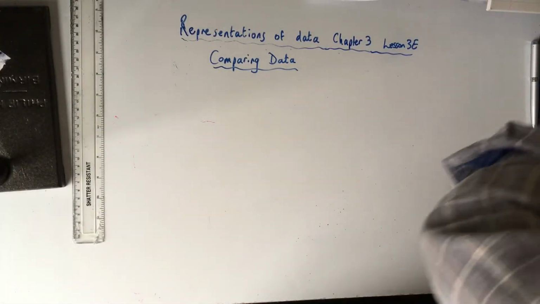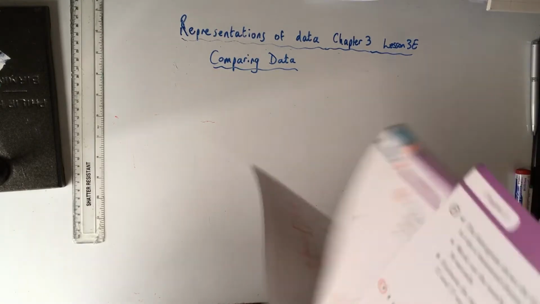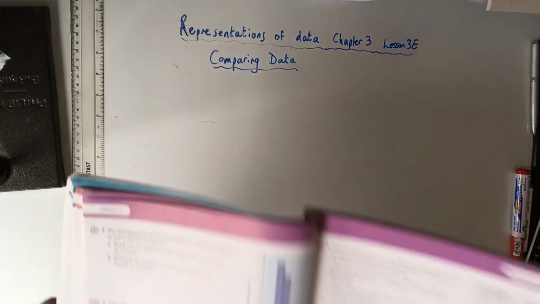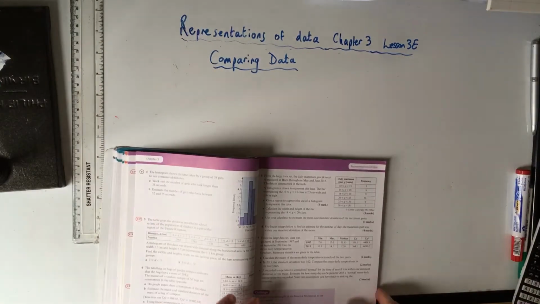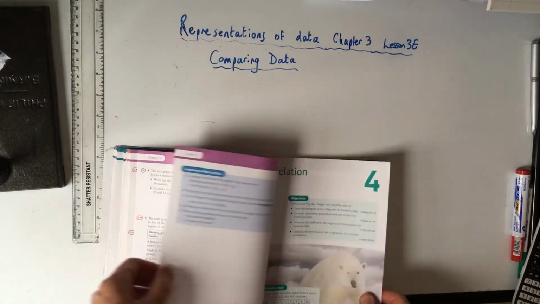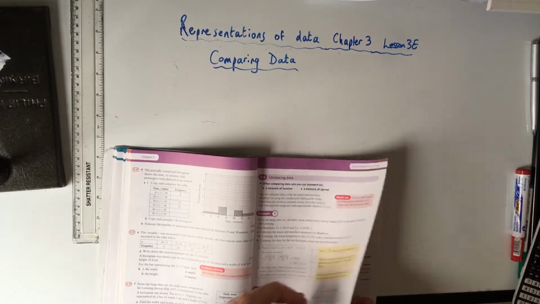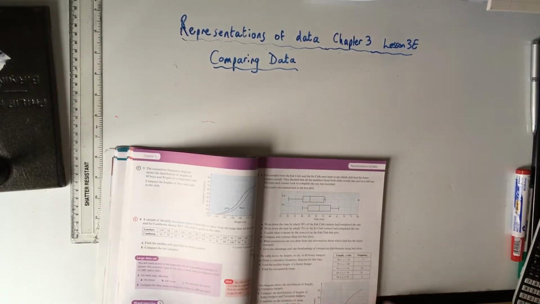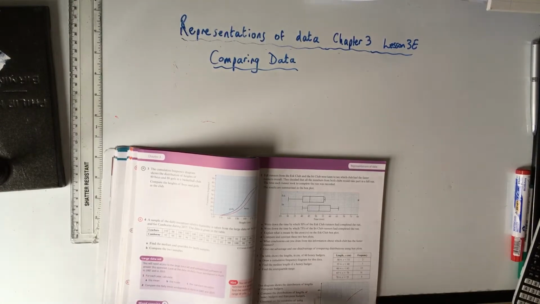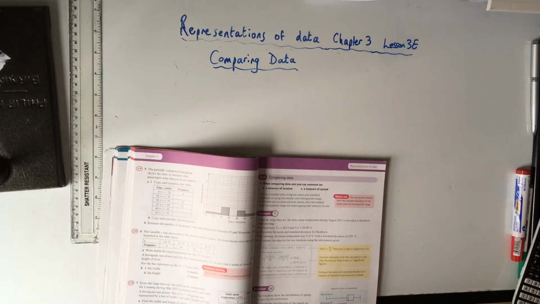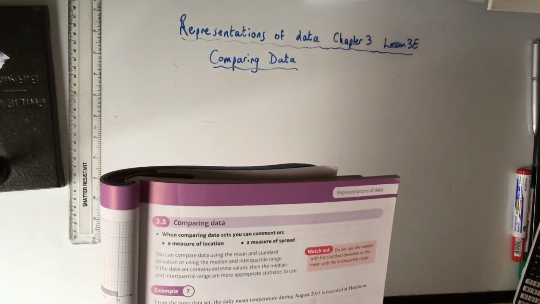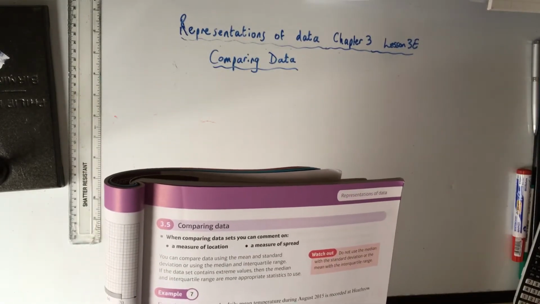Okay. This is just a couple of questions in the exercise, and that's all I'm going to do, because we've done all of the data now. We've done box plots, histograms, cumulative frequency graphs, and at the end it just asks you to compare. It says always give a comment on a measure of location.